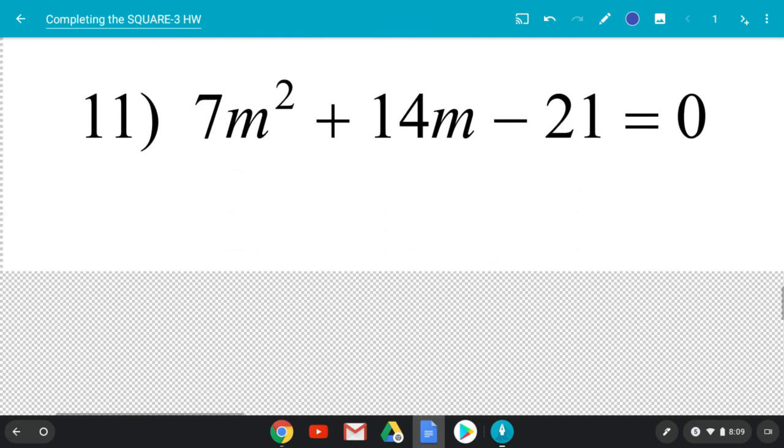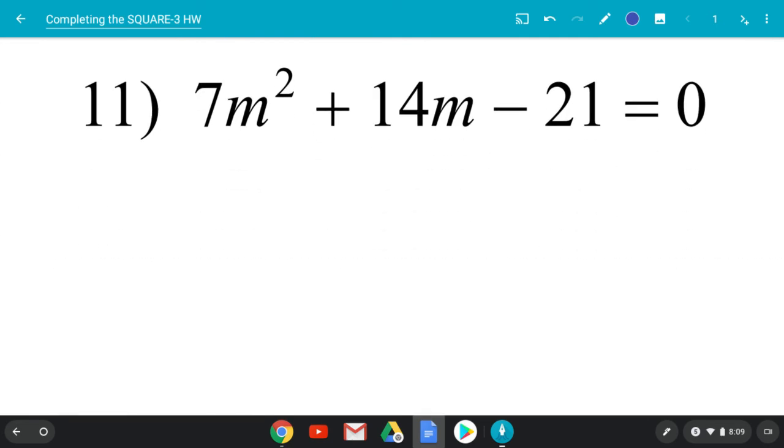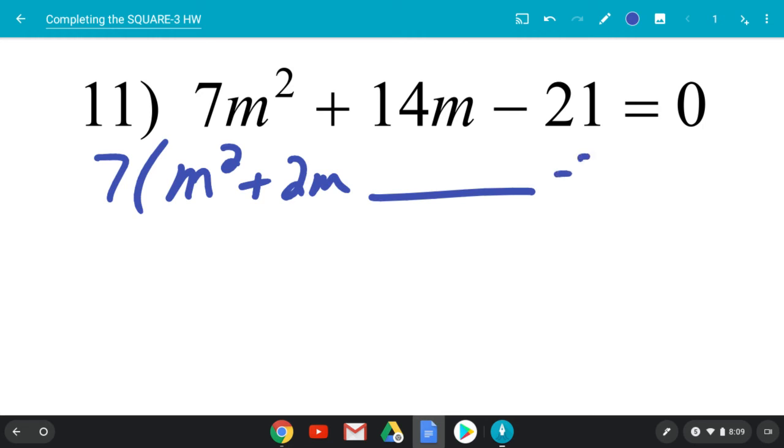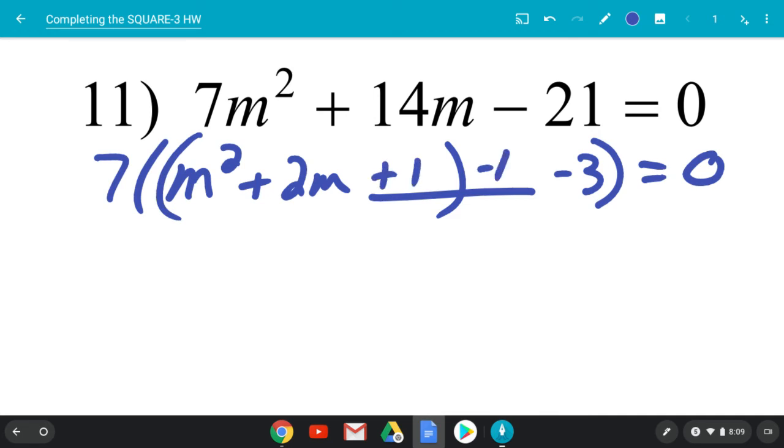Number 11. I can pull out a 7 here. So 7 times m squared plus 2m, space, minus 3 equals 0. In that space, I'm going to make my perfect square. Plus 1 minus 1. But it's funny, I keep getting that 2 in the middle. That's why I can do that so fast. Just throwing that out there.